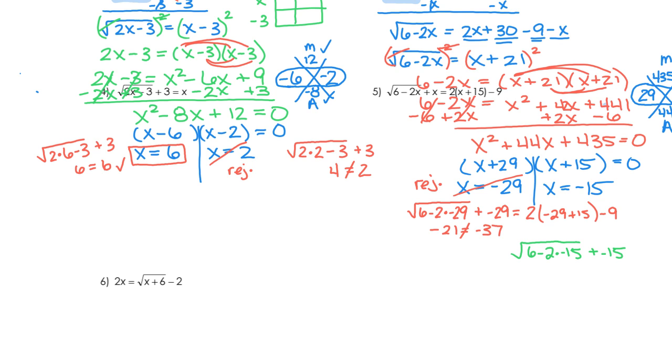And when I hit enter, I end up with negative 9 equal to, now we got to go ahead and type in the right-hand side, so 2, parenthesis in our calculator. The x value is negative 15 that we're checking, plus 15, close it, and then minus 9. And when you hit enter, you get negative 9. And so this one checks out. And so we can keep the solution of x equals negative 15. All right. Looks like we got one more to go on this side.